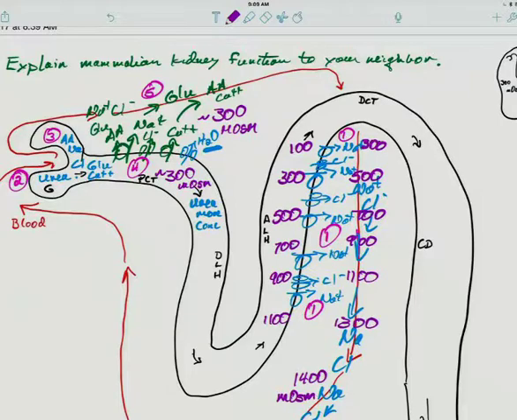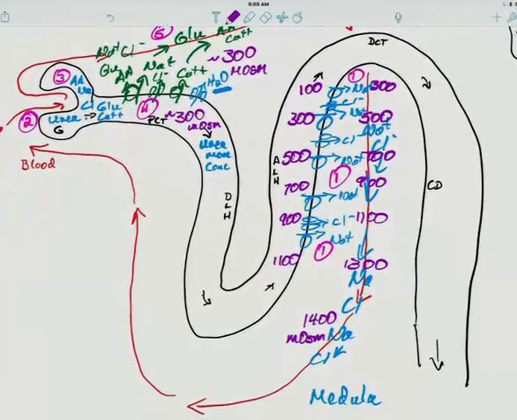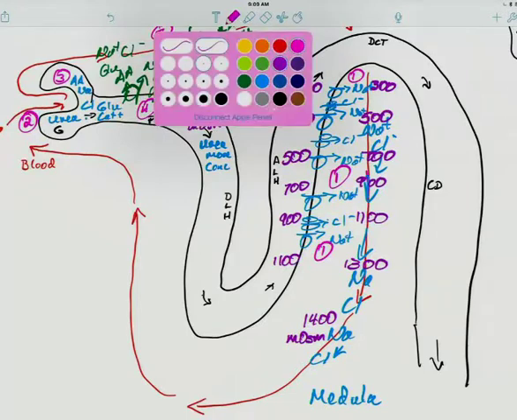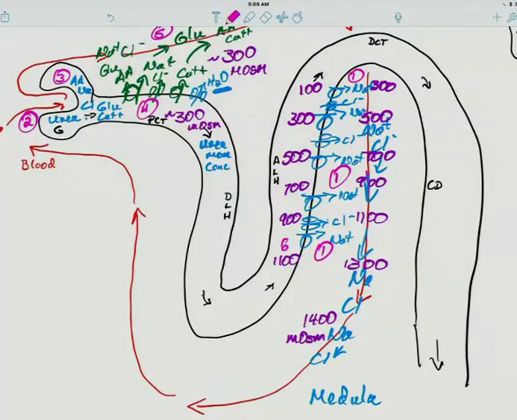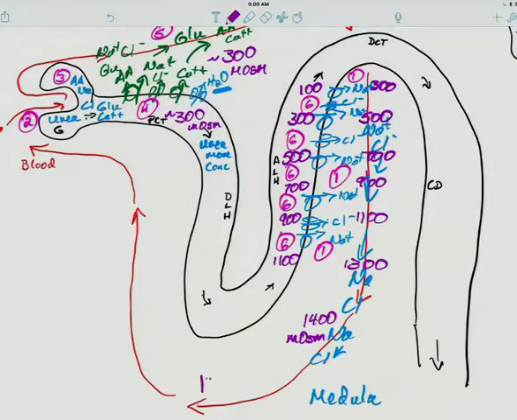And we're always carrying that down into the medulla. So down here, we're at something like 1,400 milliosmoles.